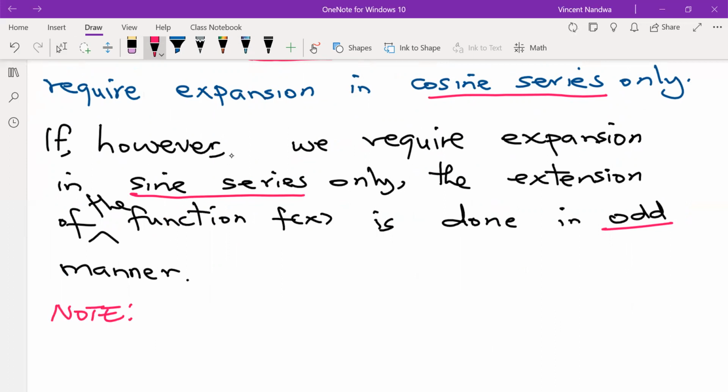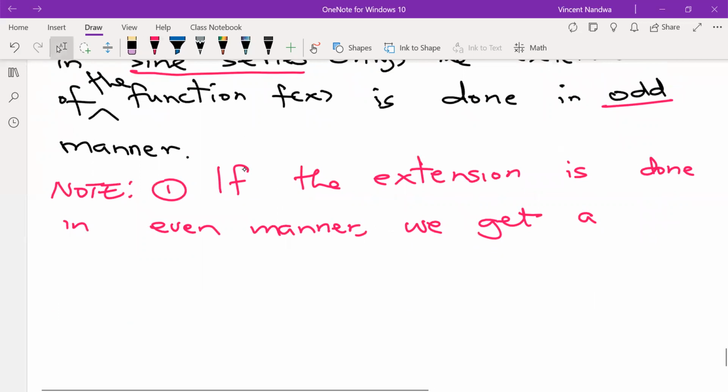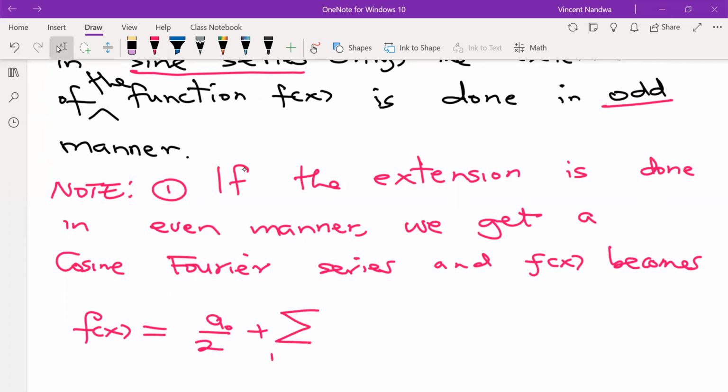So note, if the extension is done in an even manner, we'll have f of x equals a naught divided by 2 plus summation n from 1 to infinity of an cosine of nx.